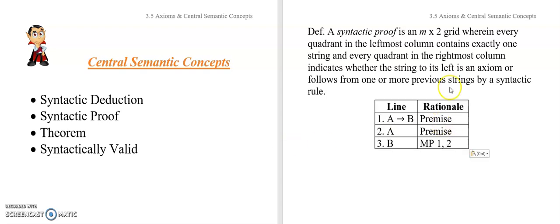But this one here is a syntactic deduction and not a syntactic proof. And it's not a syntactic proof precisely because it has premises, and syntactic proofs cannot have premises. That's the concept, that's the definition, it's that easy. Every syntactic proof is a syntactic deduction. Not every syntactic deduction is a syntactic proof. For example, this one. Okay? All right. So, pretty straightforward.